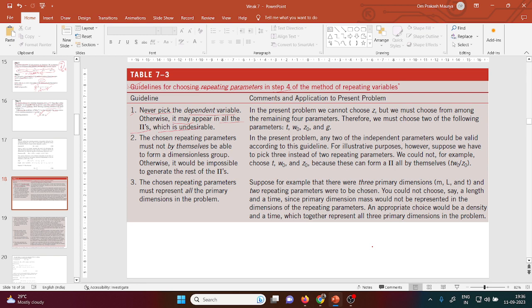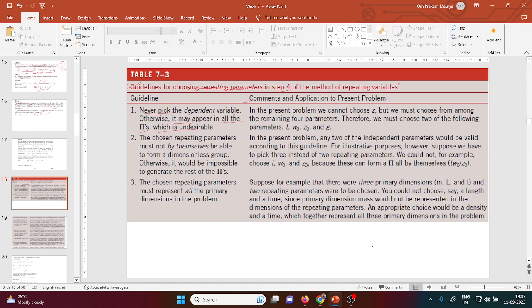If you pick the dependent variable as a repeating variable, it has no meaning; it does not fulfill the basic purpose of dimensional analysis. So you cannot choose the dependent variable as a repeating parameter.